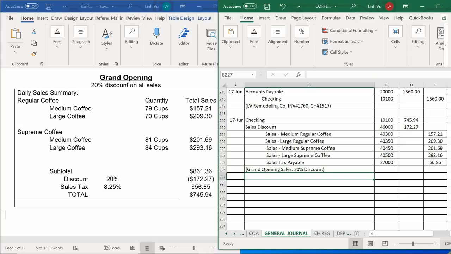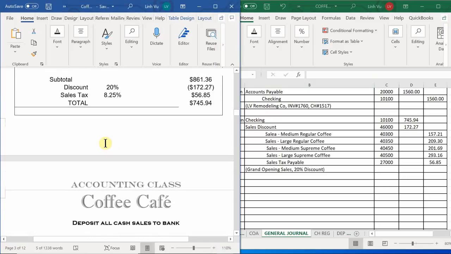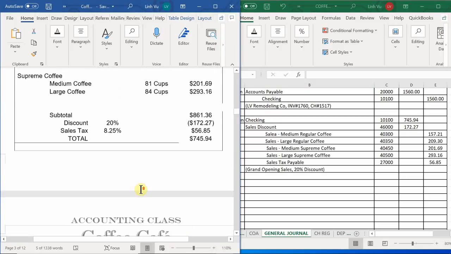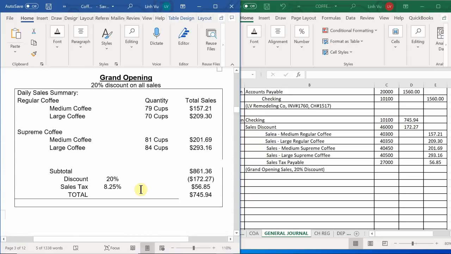Now that we finished our journal, what should we do next? Okay, remember, don't forget that very last thing. So what should we do next?